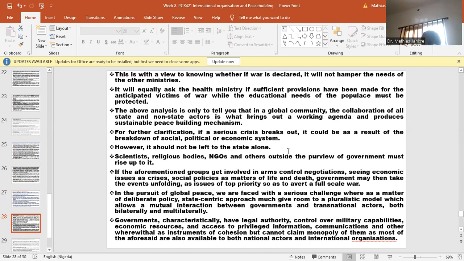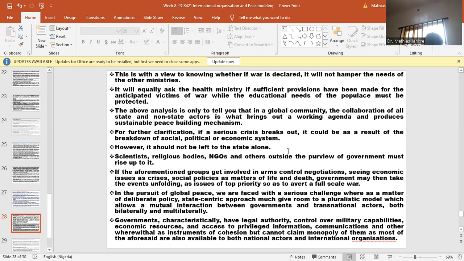In the pursuit of global peace, we are faced with serious challenges where, as a matter of fact, deliberate policies, the state-centric approach must give room to a pluralistic model which allows a mutual interaction between government and transnational actors, both bilaterally and multilaterally.